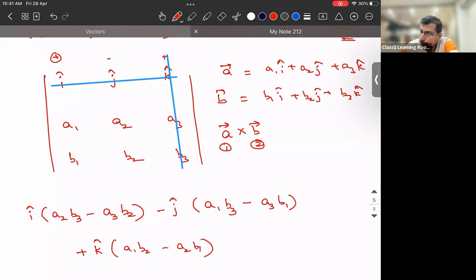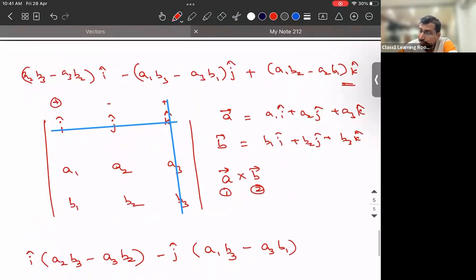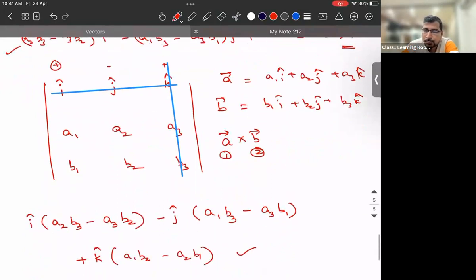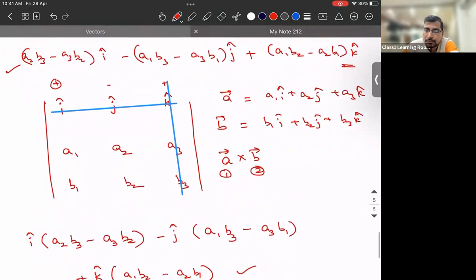So if you compare this with this, they both will exactly be the same. You can check and see. Are they not the same? A2B3 minus A3B2 I cap minus J cap into A1B3 minus A3B1 plus K cap into A1B2 minus A2B1.